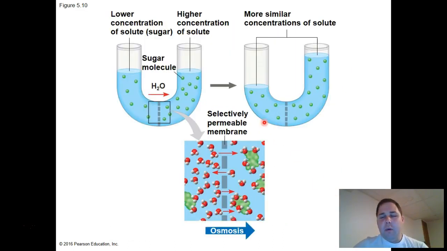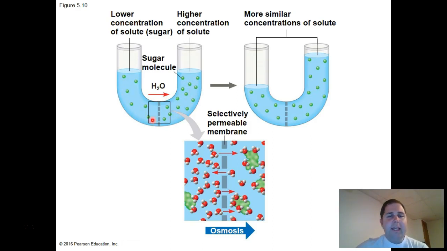Diffusion is really easy, but where it becomes complicated is where we add this next idea of osmosis, which is simply the diffusion of water as opposed to the diffusion of solute. So if we look at this example, we have a low concentration of solute over here and a high concentration of solute over here, and the simple thing you might think about is, okay, the high concentration of solute is going to diffuse to the other side of this membrane so that they equilibrate, except in this example, we're going to put a membrane between them that does not allow the solute, the sugar, to move across.